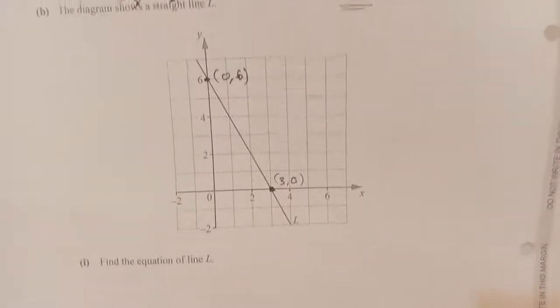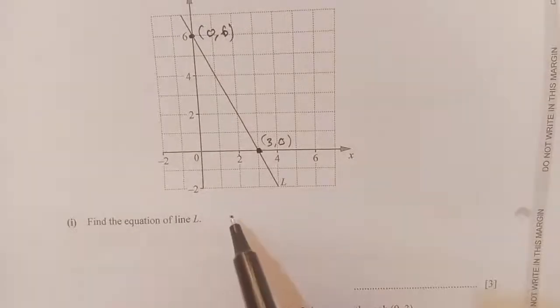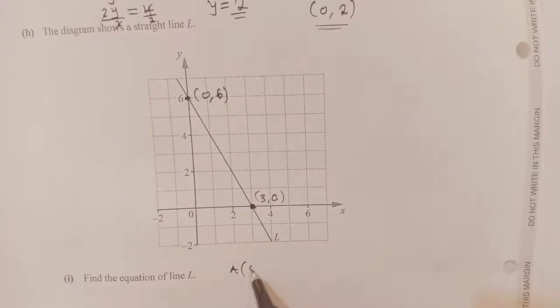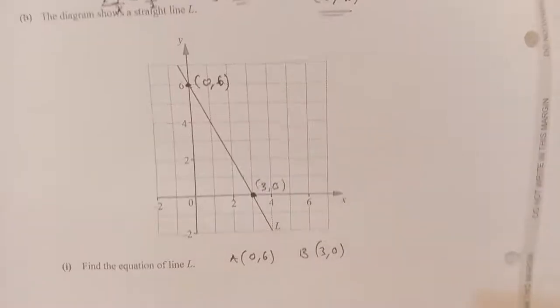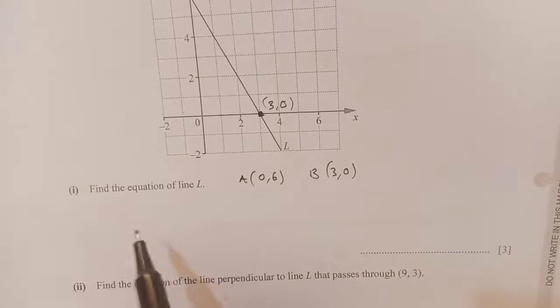So in order for us to find the equation of the line, we need these coordinates. So we'll call this our A, it will be 0, 6, and this our B, it will be 3, 0. So we can find the gradient. How do we find the gradient?